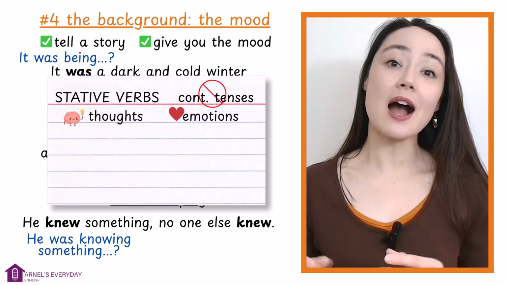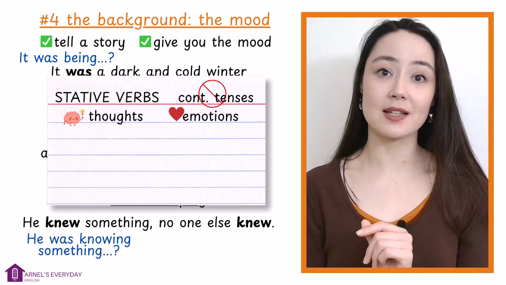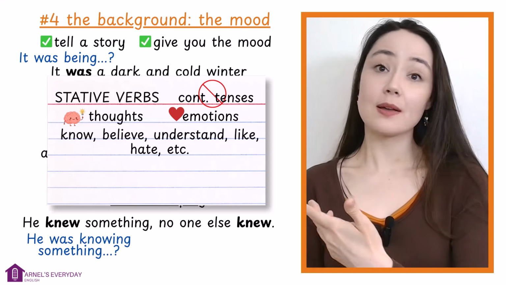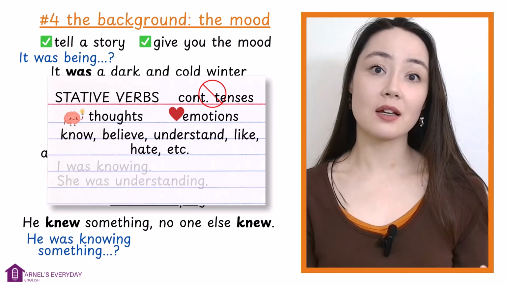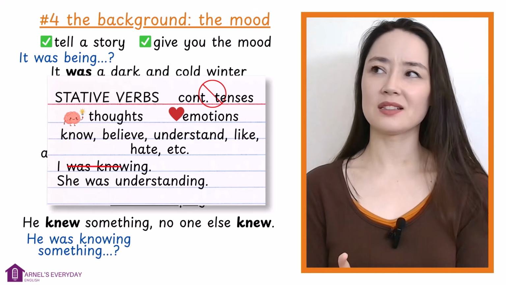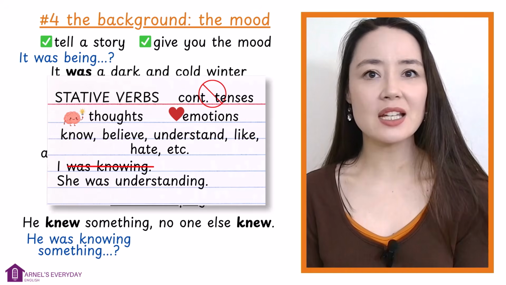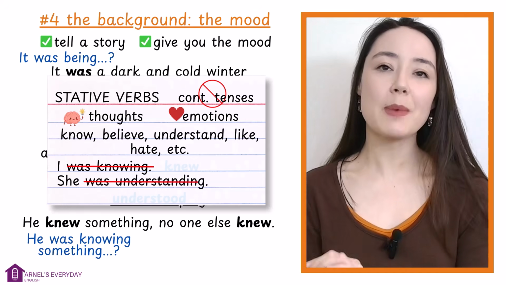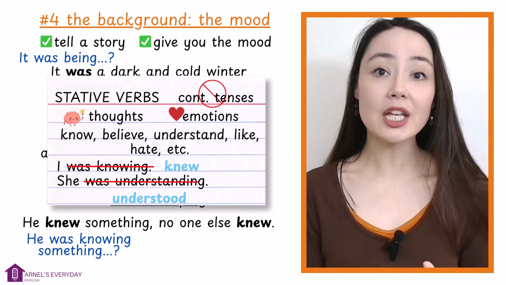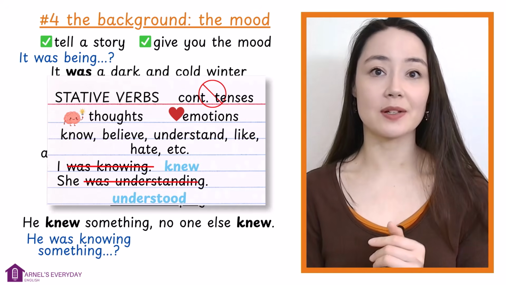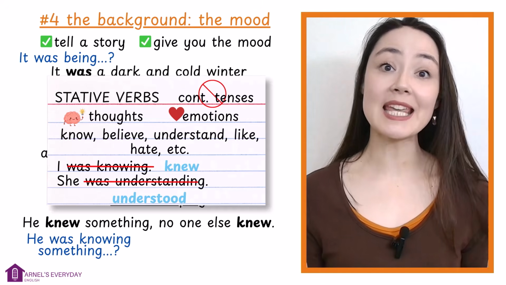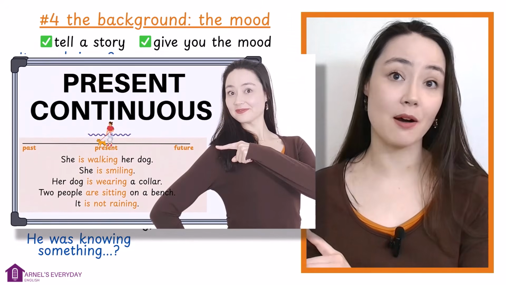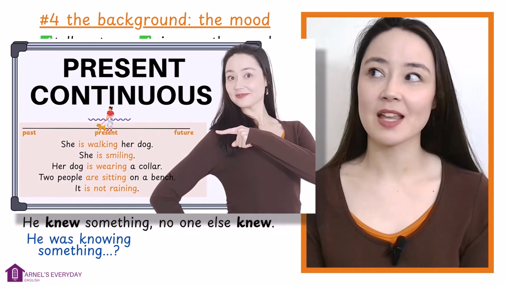Stative verbs show us our thoughts or emotions. Know, believe, understand, like, hate. I was knowing? She was understanding? Here, use past simple. I knew. She understood. You can watch my full explanation on stative verbs in the present continuous part of this series.